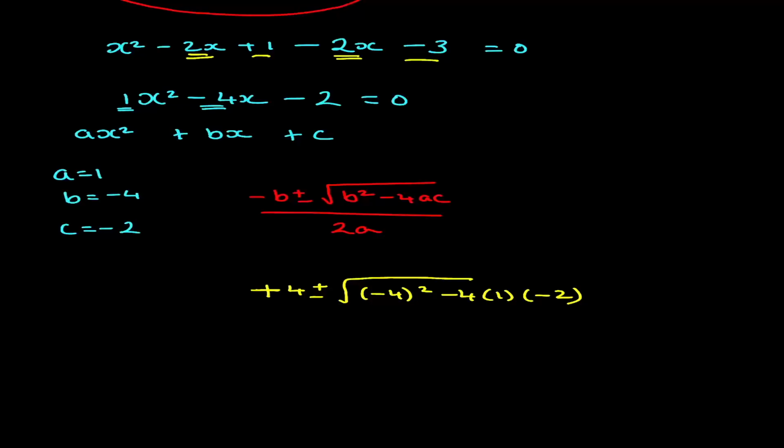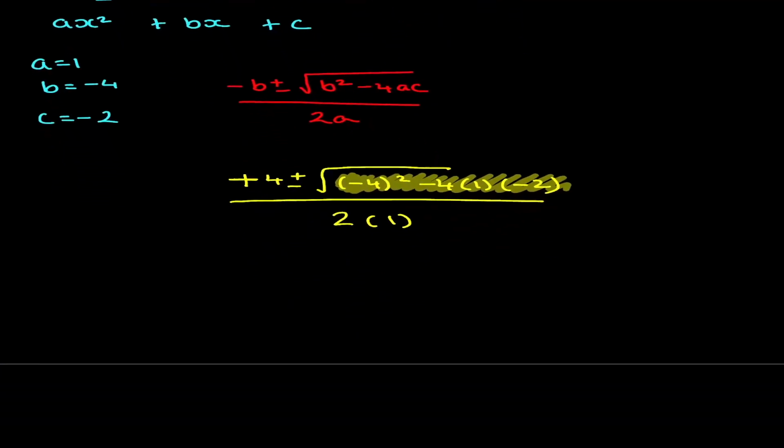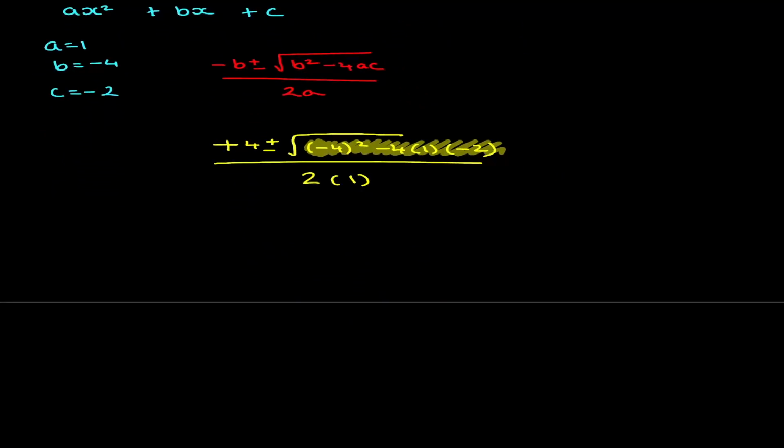Okay, so let's use brackets so we don't get our negatives confused, all over 2a. What we next do is work out what's inside my square root. So we still have negative 4 plus or minus, negative 4 squared is 16.